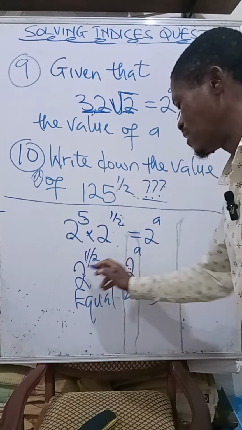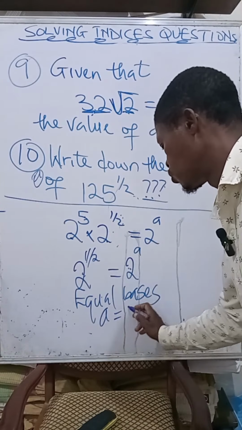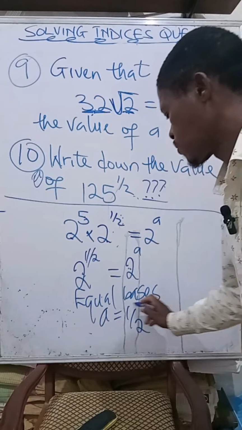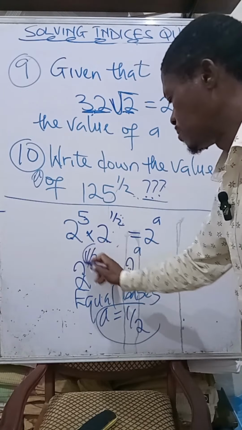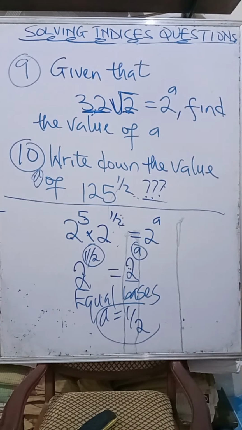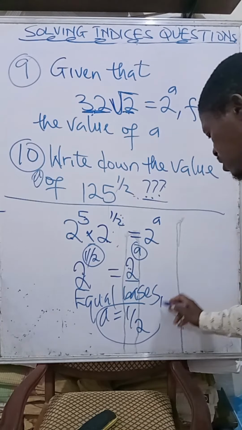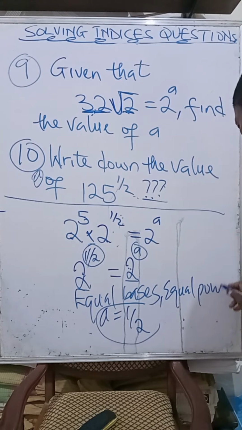When the bases are the same, automatically the powers will be equal to each other. So this power here will be equal to this one. So equal bases, equal powers.